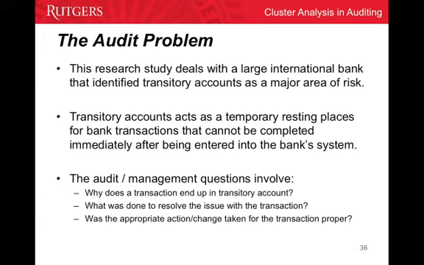The questions about what happens to the transactions posted to transitory accounts are of great concern to the bank. Large incorrect entries could eventually create materially incorrect financial statements and substantive losses due to fraud or error.